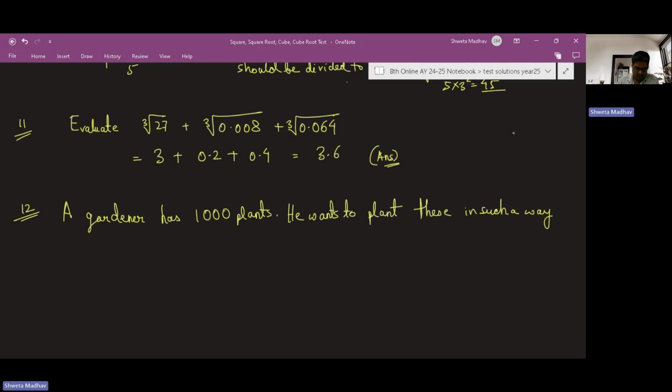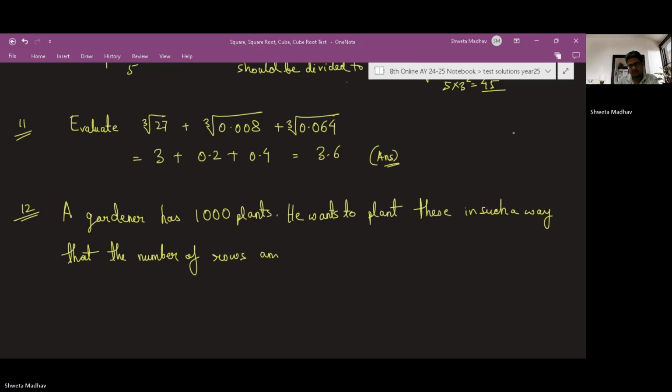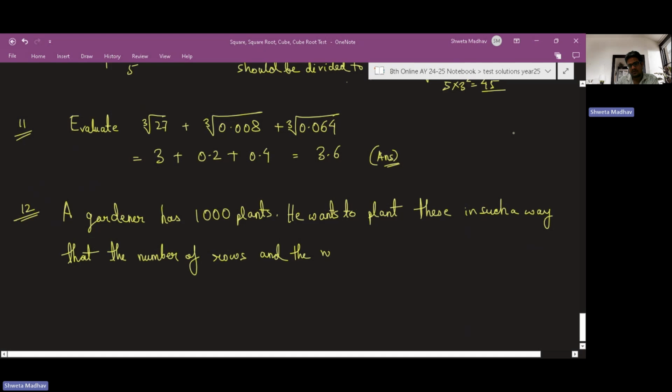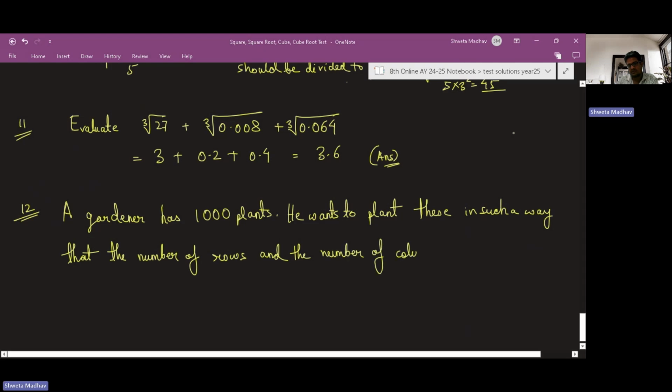He wants to plant these in such a way that the number of rows and the number of columns remain the same.